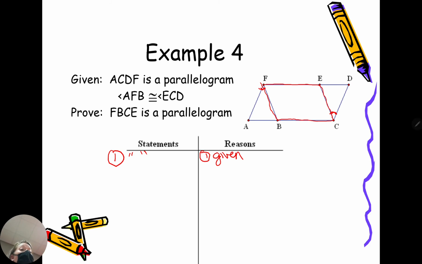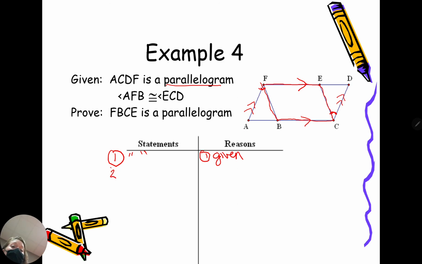I know that this is a parallelogram, the big guy. Therefore, I already have that FE is parallel to BC because FD is parallel to AC given that it's a parallelogram, right? So we know these guys are parallel. We also know that these 2 sides are parallel as well because we have a parallelogram. So I'm going to use that, okay?